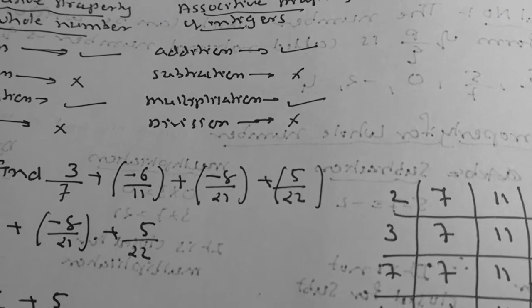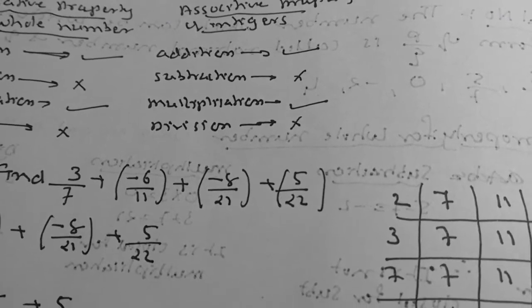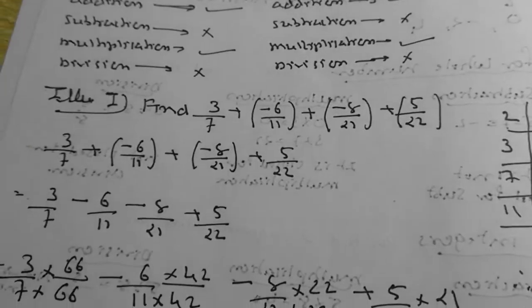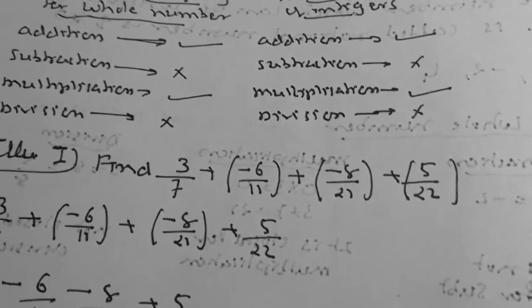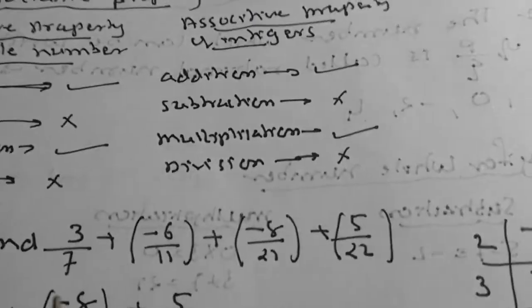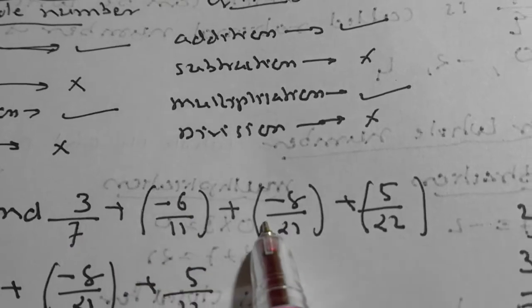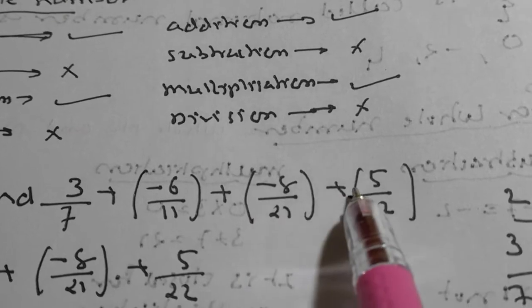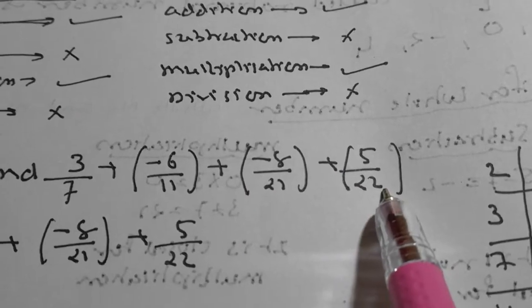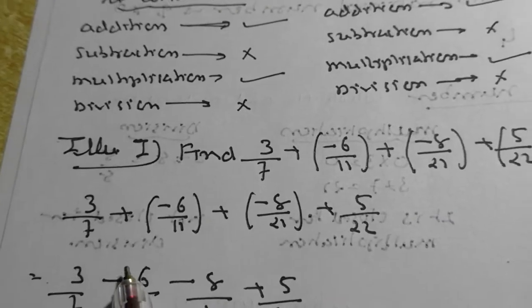Try to remember this, because with the help of these properties we are going to solve our sums. Let us go for illustration number 1. Find 3 upon 7 plus minus 6 upon 11 plus minus 8 upon 21 plus 5 upon 22. I have written the same question over here.